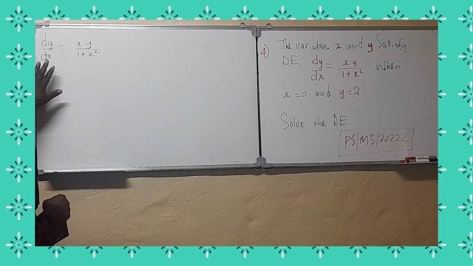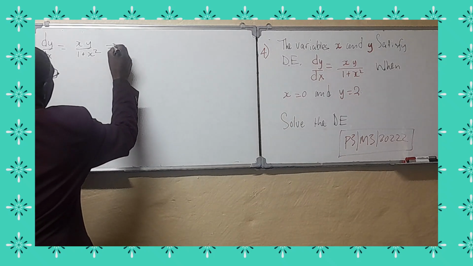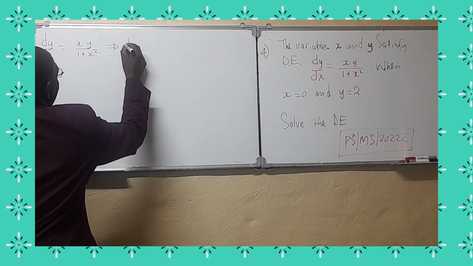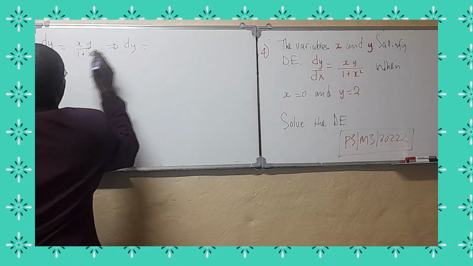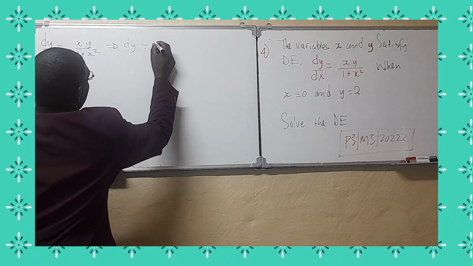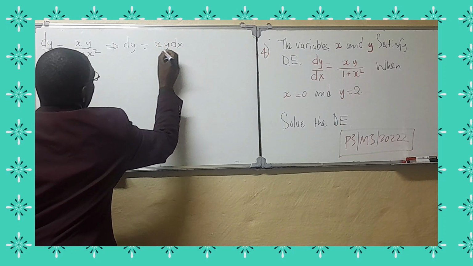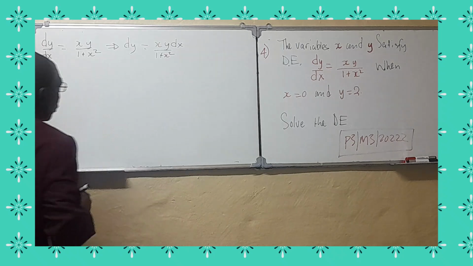First of all, step by step, let's take dx to that side. So this implies dy, we leave dy on its own here. On this side, we've taken dx to that side. It becomes xy dx, all divided by 1 plus x squared.